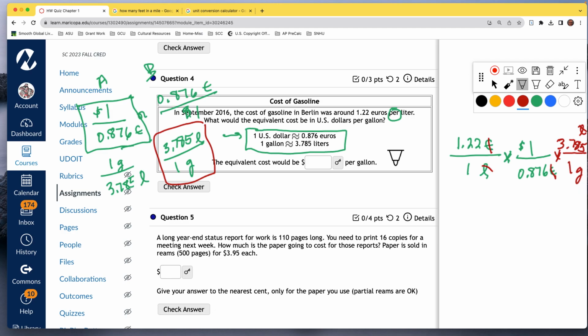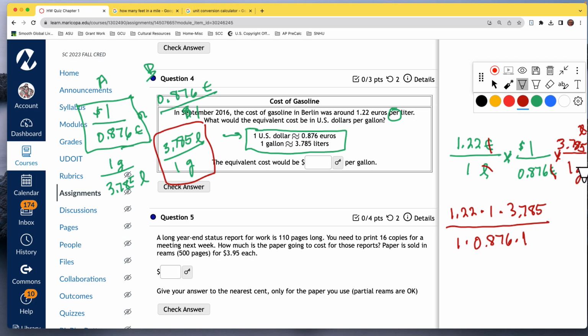Okay, so what this has done is there's 3 fractions here. With fractions, I'm multiplying them all. So I'm going to multiply 1.22 times 1, that's this middle piece, times 3.785. In the denominator, I'm going to take 1 times 0.876 times 1.